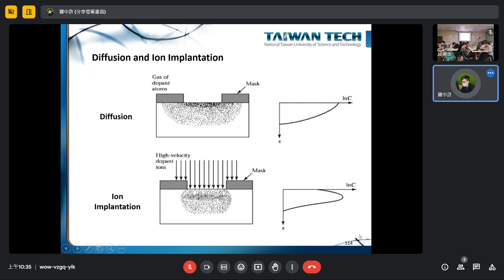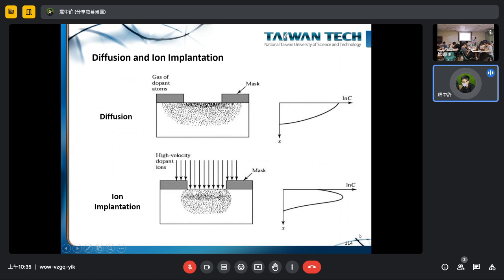And for diffusion and ion implantation, for diffusion, usually you use a gas with phosphorus atoms. Phosphorus is a group 5 material, or boron atoms. Boron is a group 3 material.